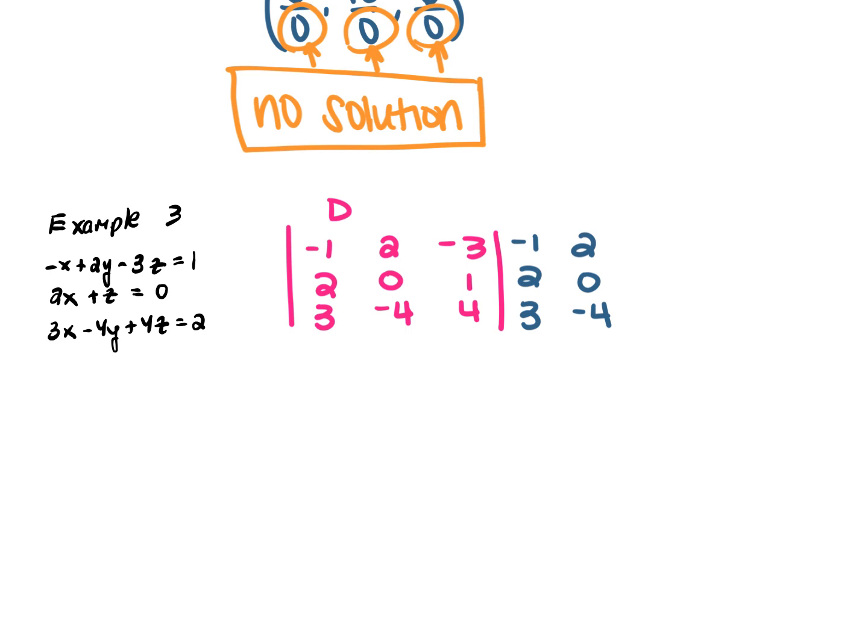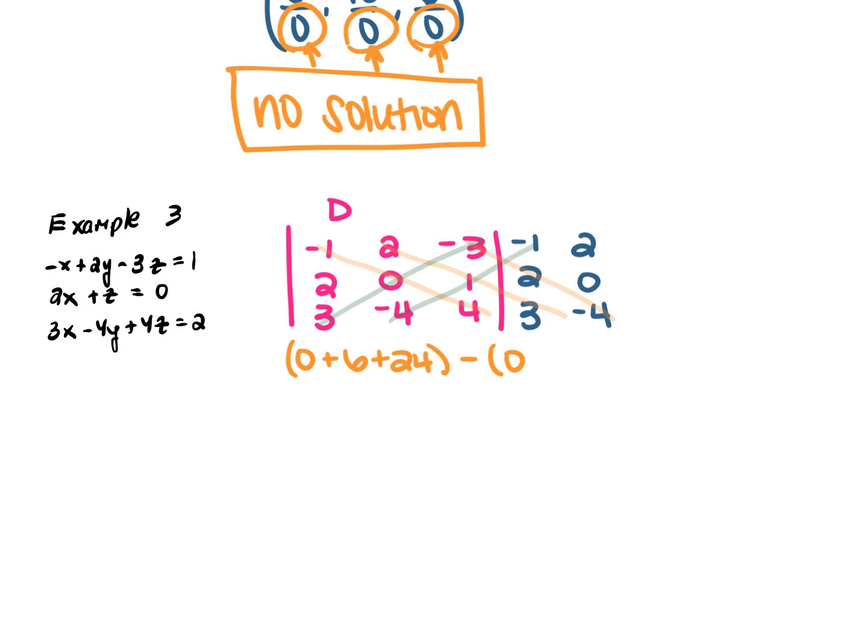We are going to multiply negative 1 times 0 times 4 is 0. 2 times 1 times 3 is 6. Negative 3 times 2 times negative 4 is negative 6 times negative 4, which is positive 24. We're going to subtract that with 3 times 0 times negative 3, which is 0.